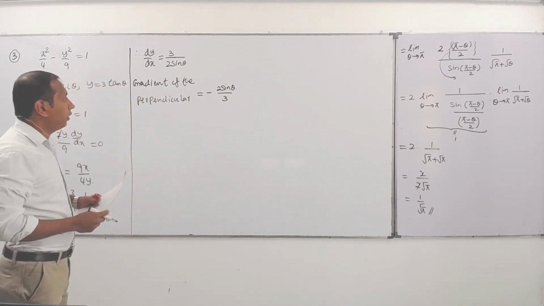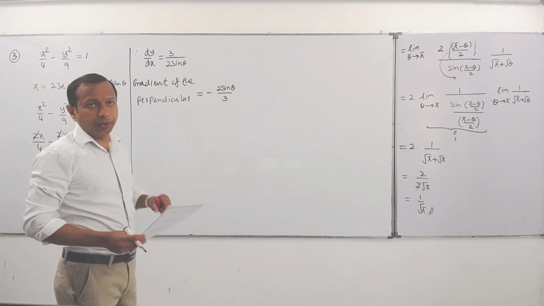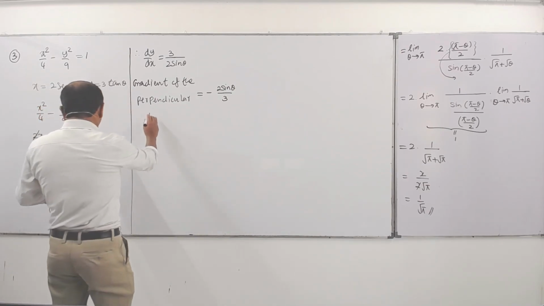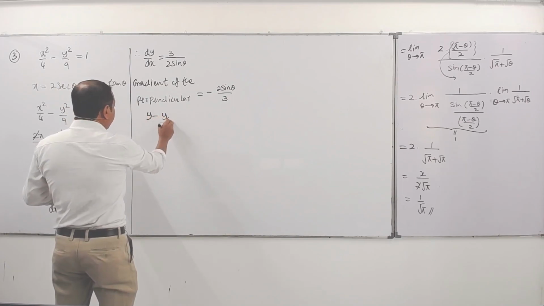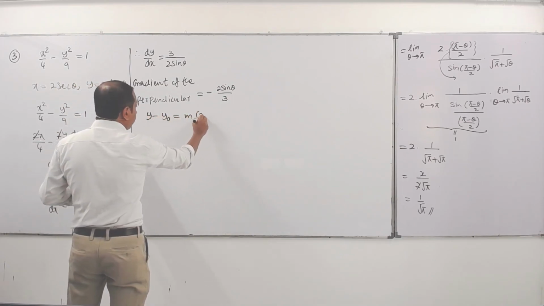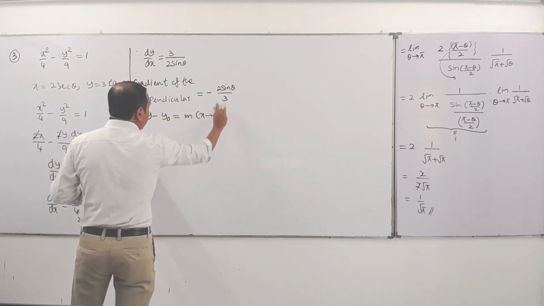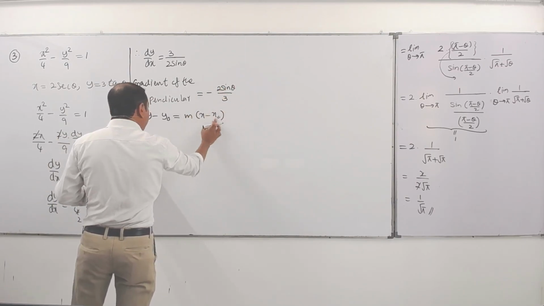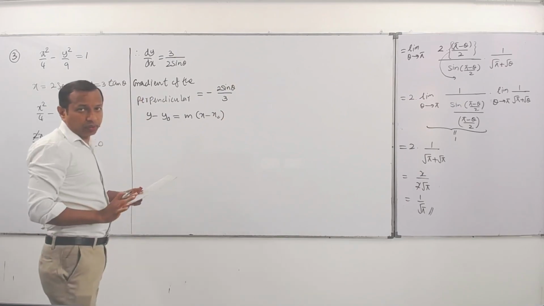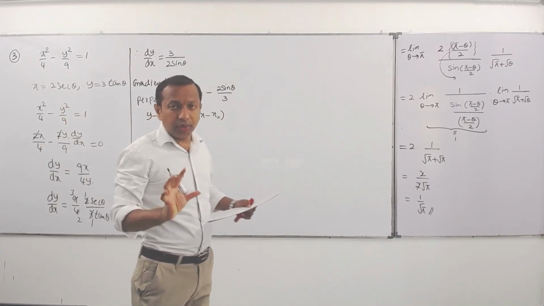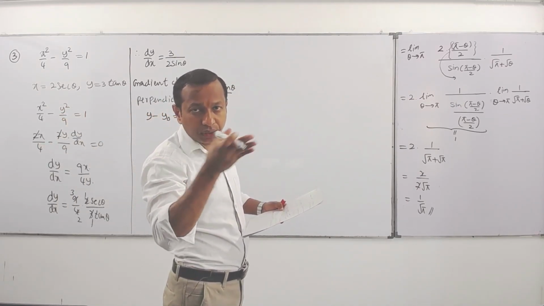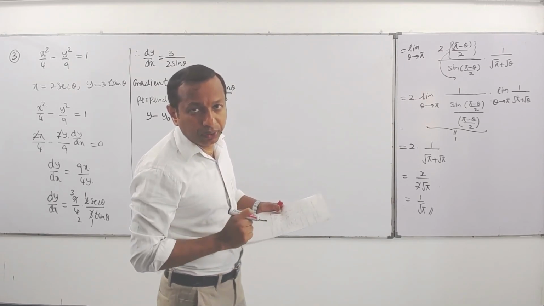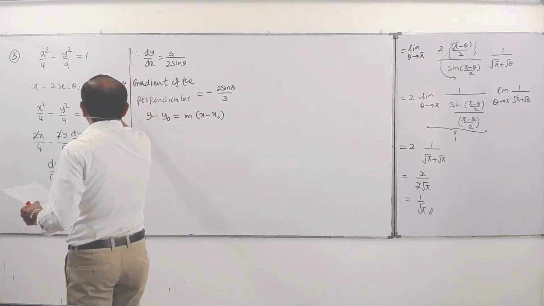Now we need to find the equation of the perpendicular. To find that, we can use this one: y minus y naught equals gradient times x minus x naught. This gradient we found here. And x naught, y naught are going to be the x and y coordinates at the point to which we draw the perpendicular, that means x 2 sec theta, y 3 tan theta.